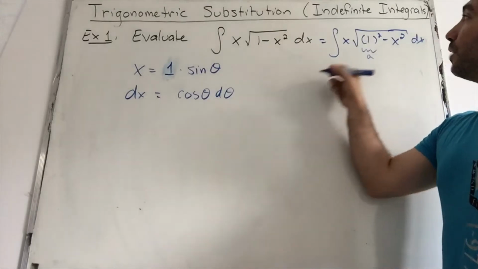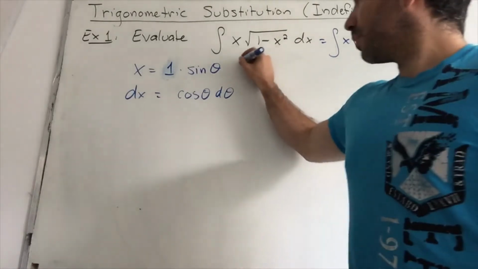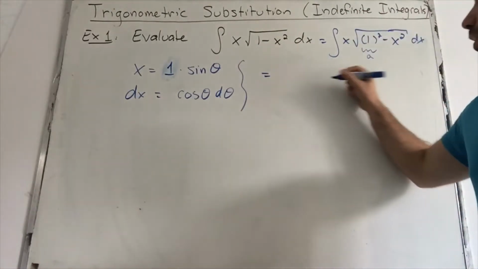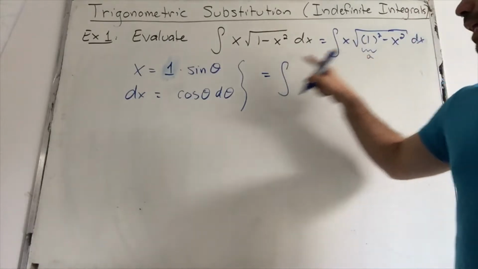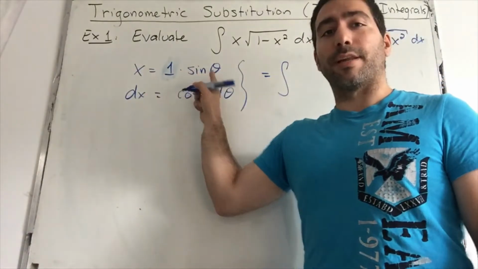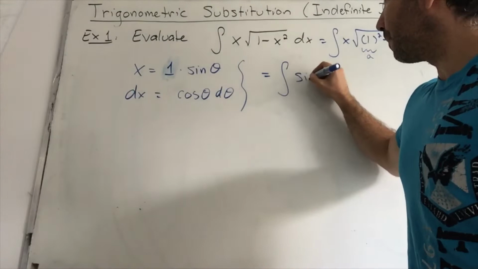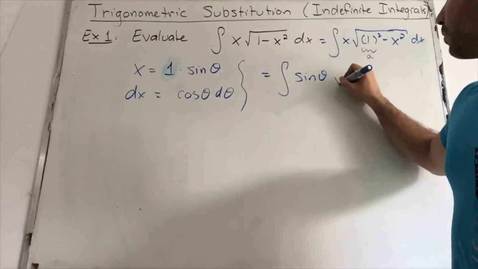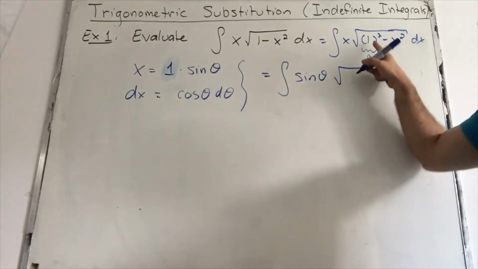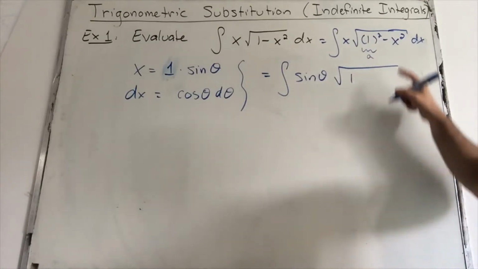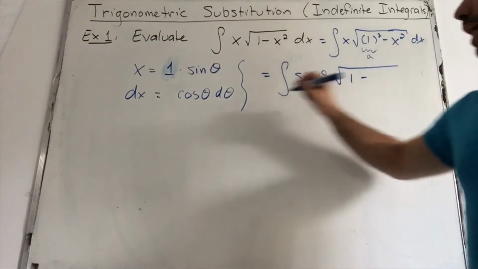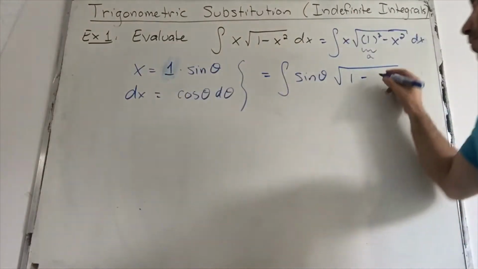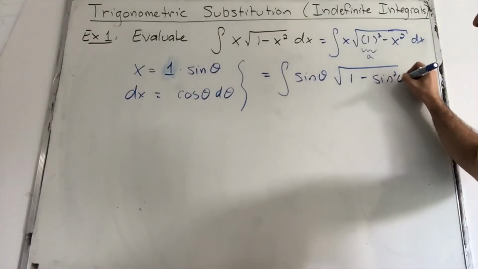And now we substitute everything we know into here. So this is like side work. We get the integral. Instead of x, x is equal to sine theta. So we're going to transform it. Inside the root, we have 1 squared, which I'll just leave as 1 for now, minus x squared. But x, we're substituting it with sine. So it's 1 minus sine squared theta.